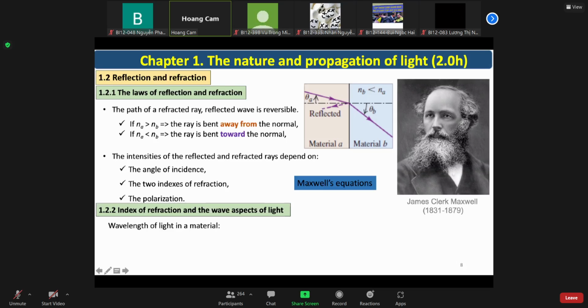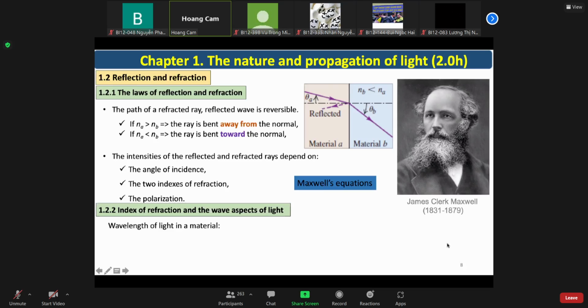When light travels from one material to another, the velocity in different materials will be different, and the refractive index affects that velocity. When we consider light as a wave, an intrinsic property of that wave is the wavelength.